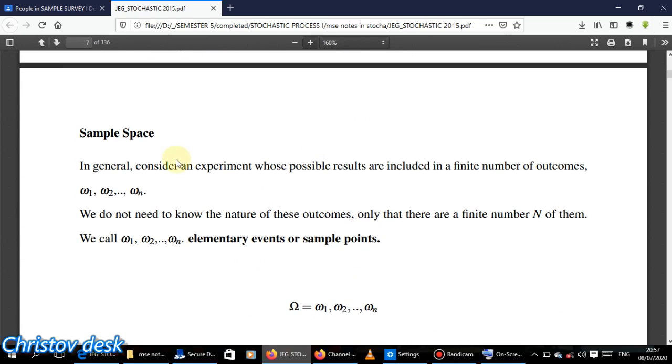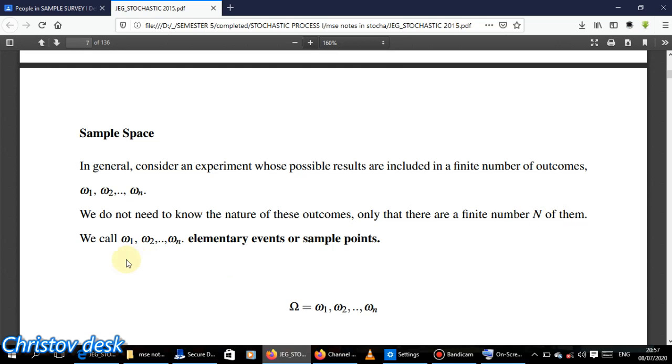So sample space, in general: consider an experiment whose possible results are included in a finite number of outcomes. Remember, we talked about sample space. These are the possible outcomes that are likely, because that is what can happen in an experiment. We do not need to know the nature of these outcomes, only that there are a finite number n of them.